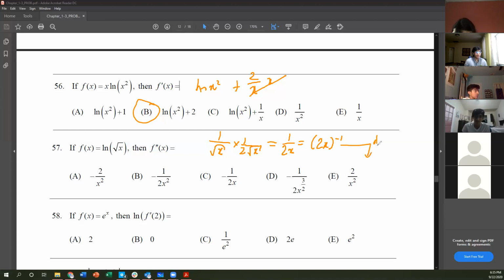That would be negative 2x to the power of negative 2. Negative, right? Parentheses 2x to the power of negative 2 times what? Times 2. Times 2, exactly. So now let's write this neatly. It's negative 2 over 4x squared, right? And then the 2 and the 4 cancel, and we get a 2 here. This is essentially negative 1 over 2x squared. That would be B. Okay?